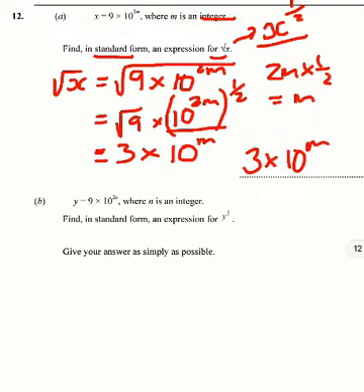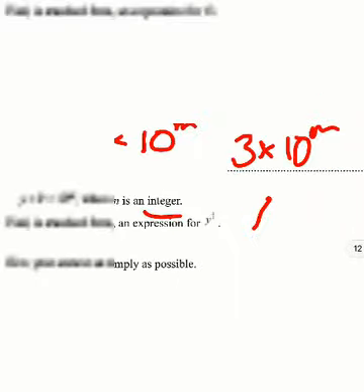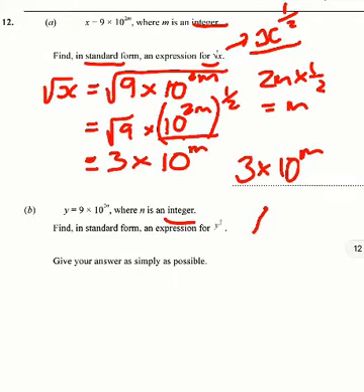And for part B, we've got y equals 9 times 10 to the power of 2n, where n is again an integer. Find in standard form an expression for y to the power, I can't quite see that yet, I think that's 3 over 2, isn't it? Right, so we want to simplify this as much as possible as well. So again, we're going to split it into two parts.